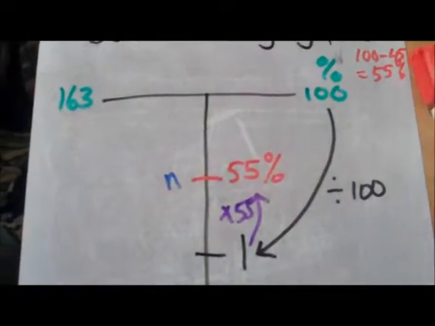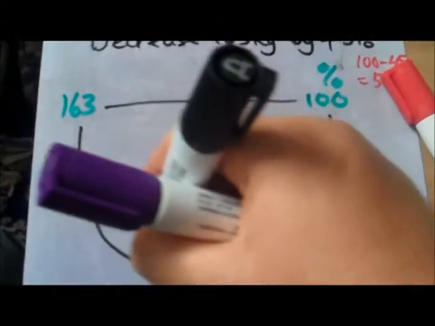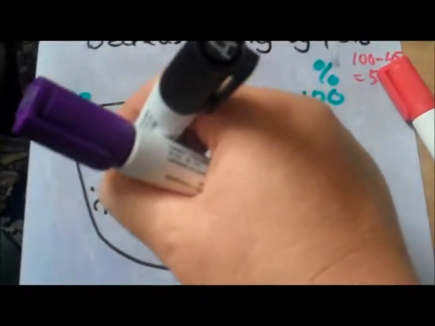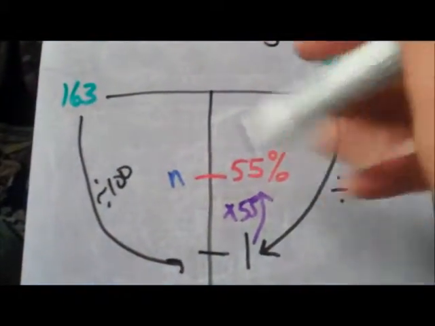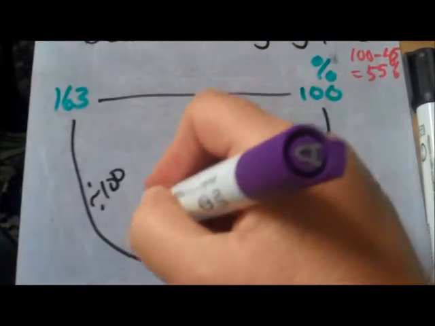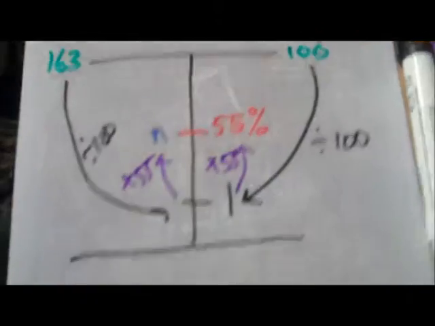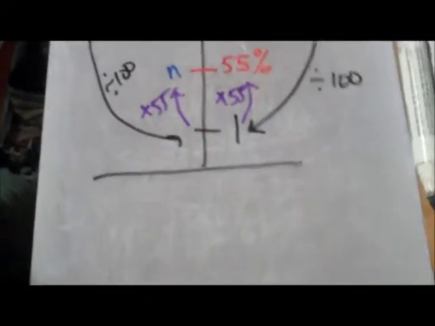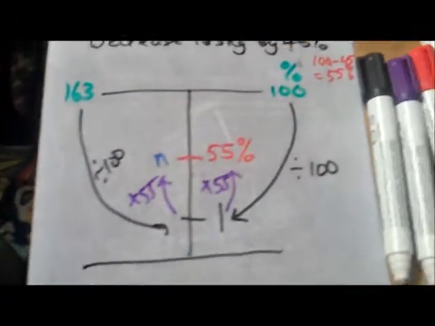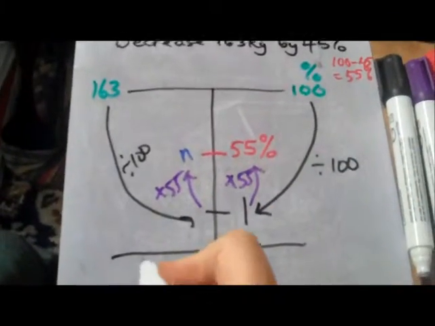Do exactly the same on the other side. Divide by 100 and then multiply by 55. So then my number, let's have a look.